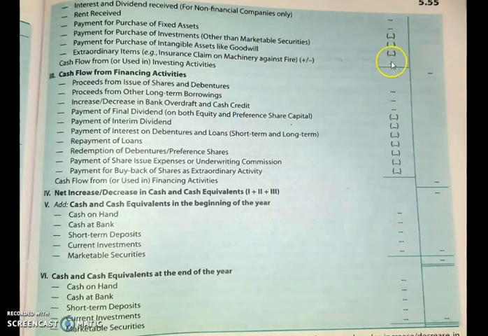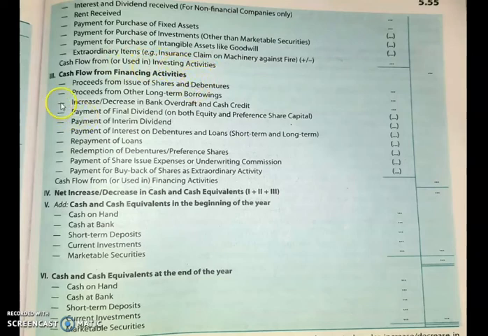After adding and subtracting all of these items, what you will receive is cash flow from or used in investing activity. That is also the same. If the result is positive, then you use the words cash flow from investing activity, otherwise use the words cash used in investing activity.